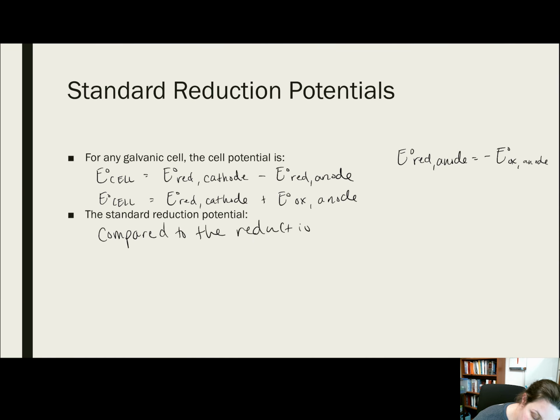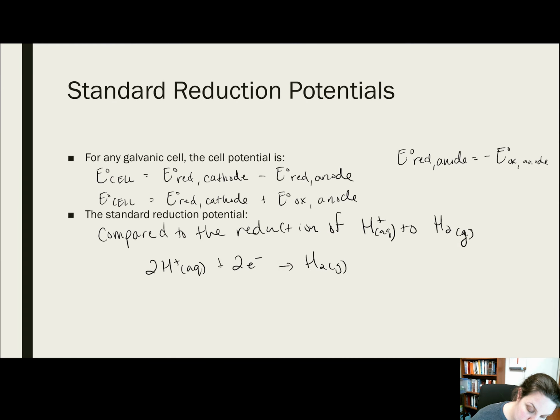The reduction of H plus to hydrogen gas. So specifically, the following equation, 2H plus reacting with 2 electrons produces H2 gas. So this reduction is set equal to 0, and then all the reduction potentials are compared to this reduction potential.